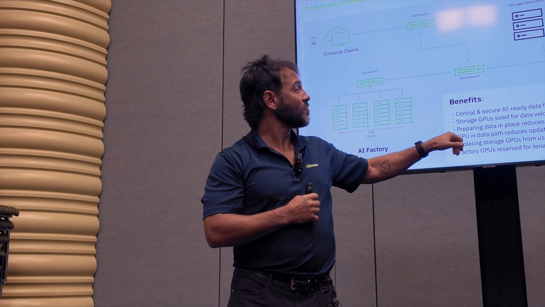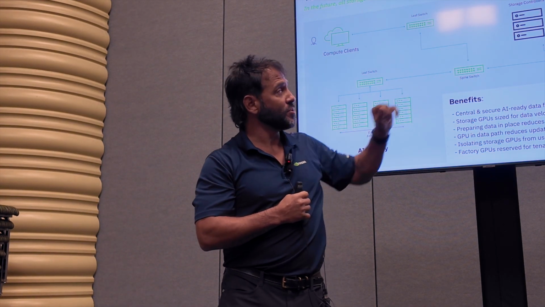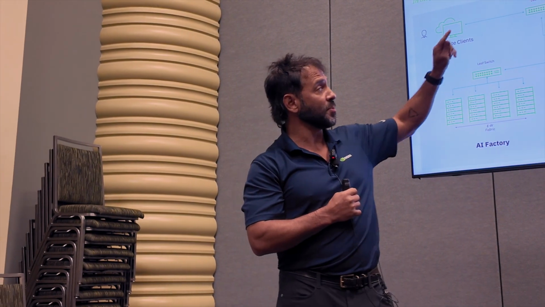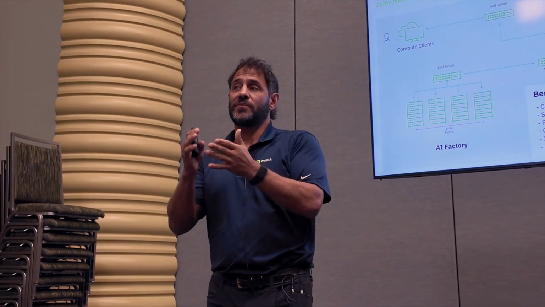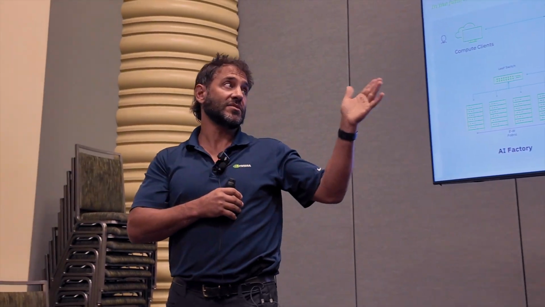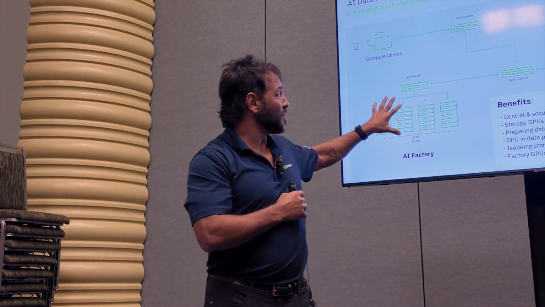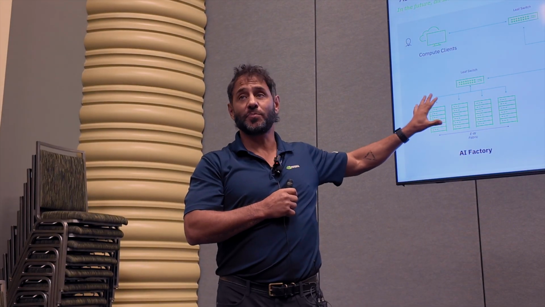We're preparing the data in the data path, which reduces update latency. You're not mounting the data over here and updating it. You're preparing it in the data path. And another security benefit, aside from the data recency and data sprawl Joe mentioned, is that if you're doing the data preparation over here, you're doing it in the user plane.